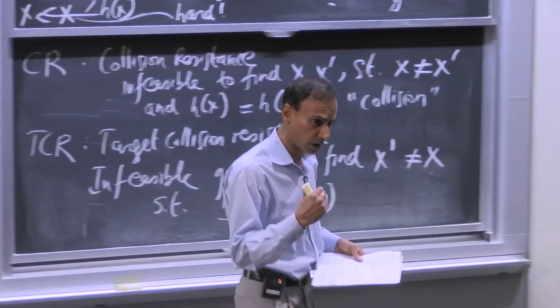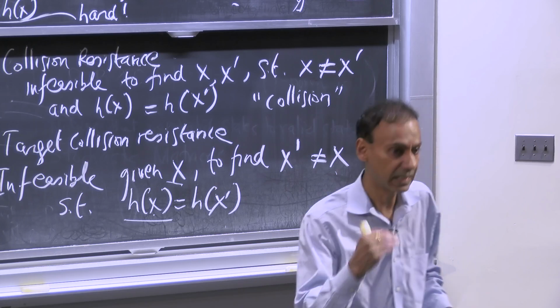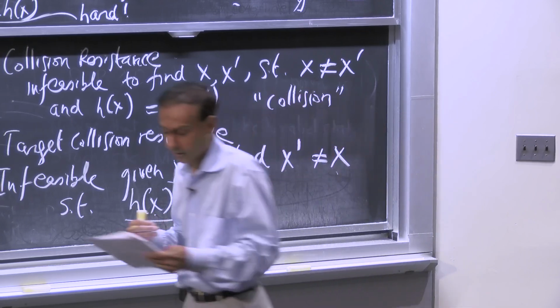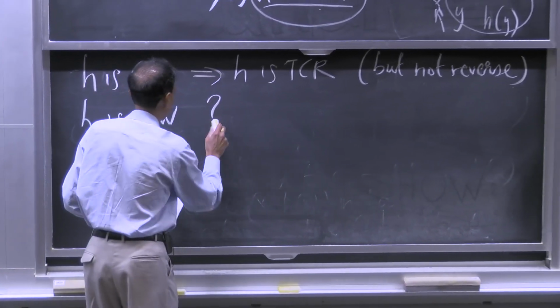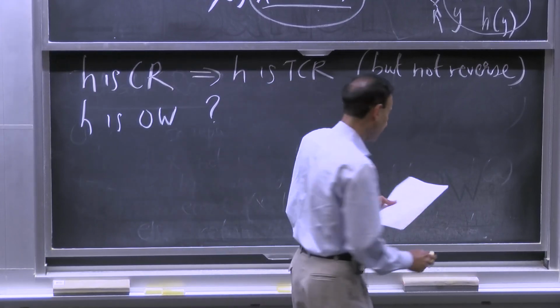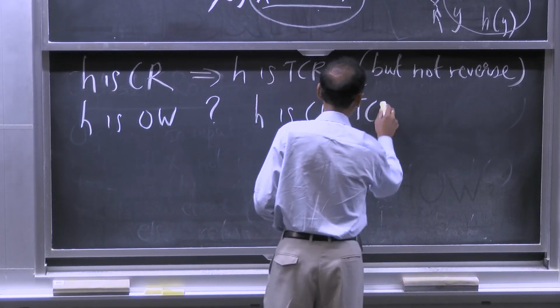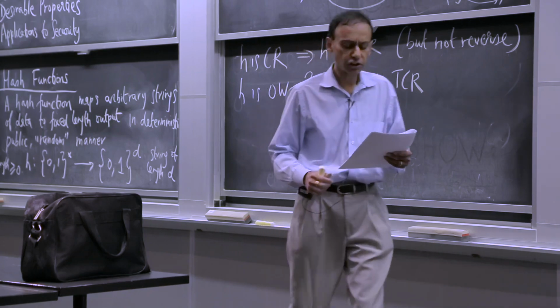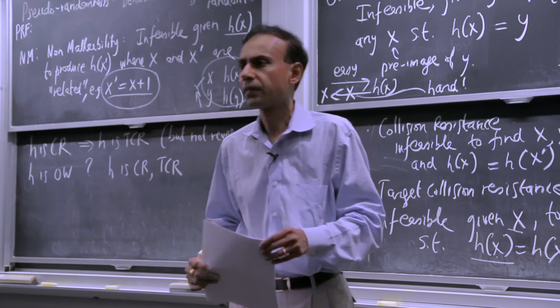But what I do want to do is talk about one-wayness and collision resistance, because I think that's actually much more interesting. So if H is one way, any conjectures as to what the question mark is in the middle?